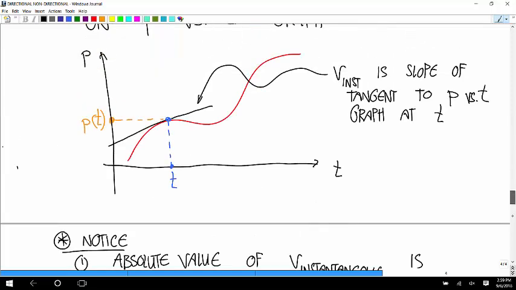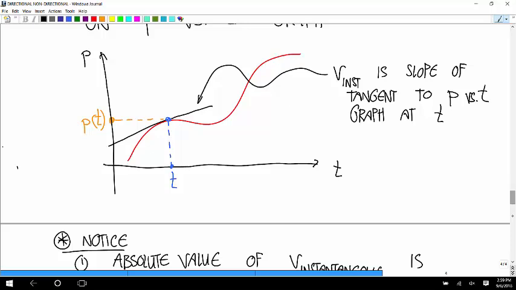Okay, so in this example, at this instant, is this object traveling in the positive or the negative direction?